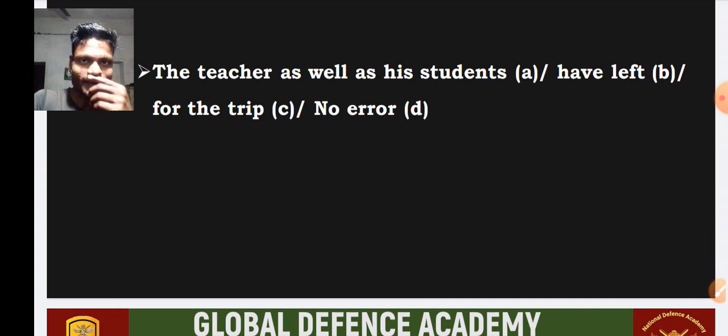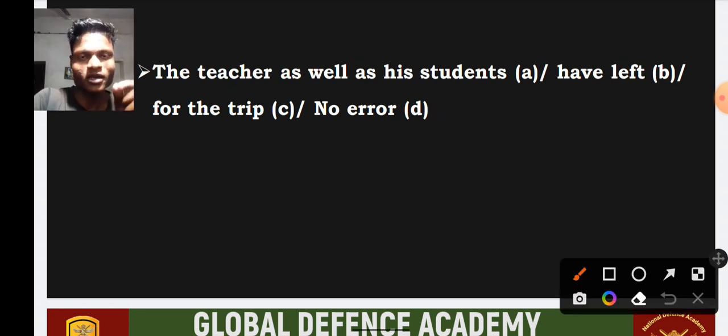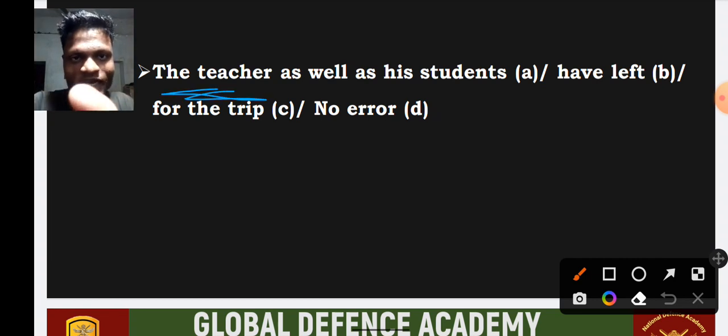And here is another similar example. What we have to do first is break down the sentence into a simpler form. What does it mean to break down into a simpler form? Break down the sentence into a simpler form: The teacher, and directly jump to the verb.